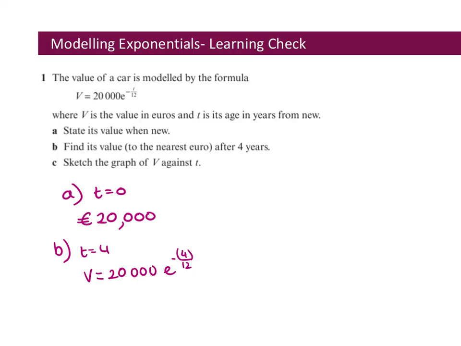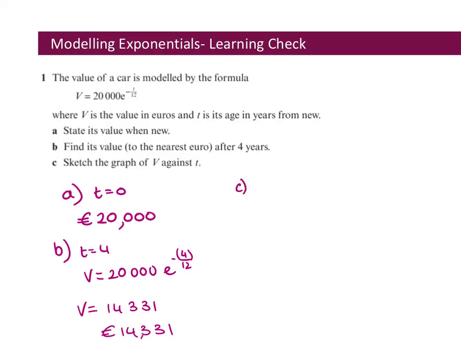Now you can see whenever I substitute my value of t, I always use brackets. And then 14,331. Now, it says to the nearest euro, so make sure that you write your units. I always write it out again. Perfect.